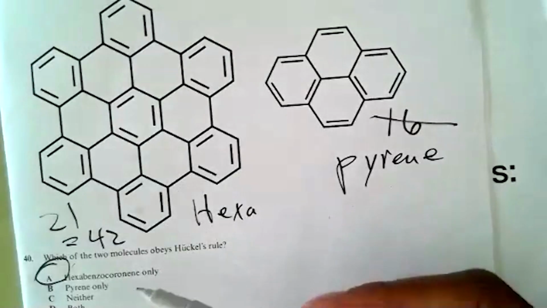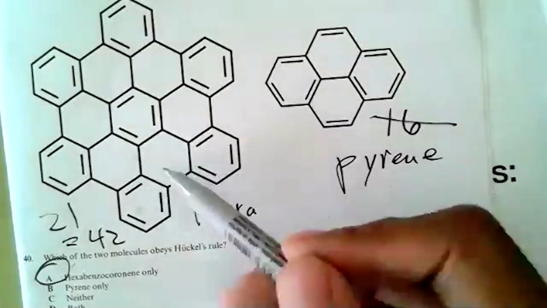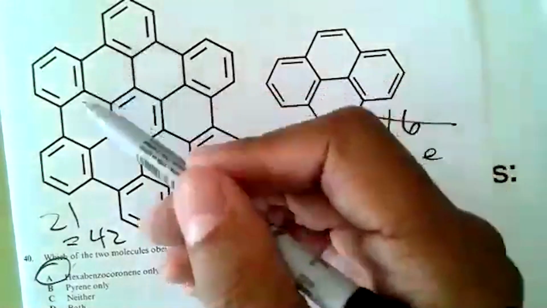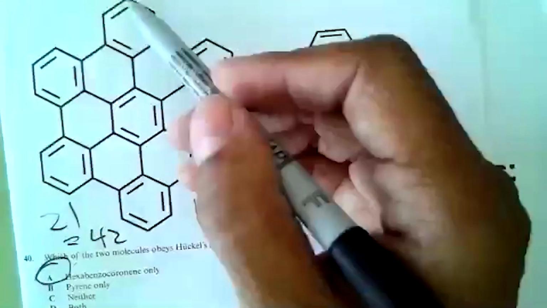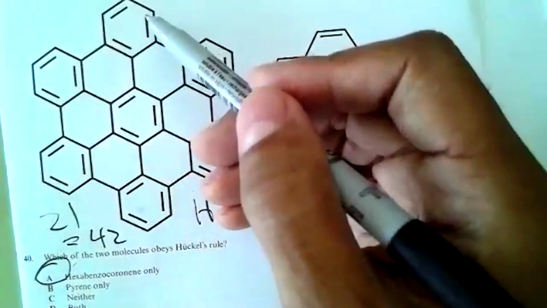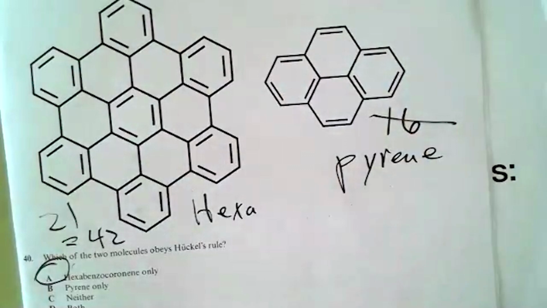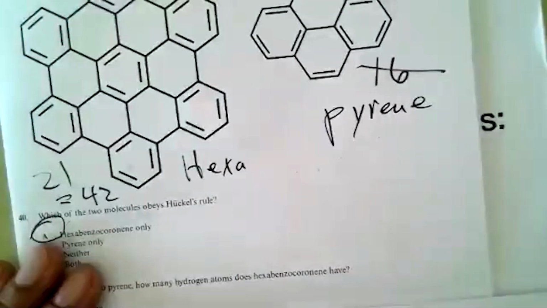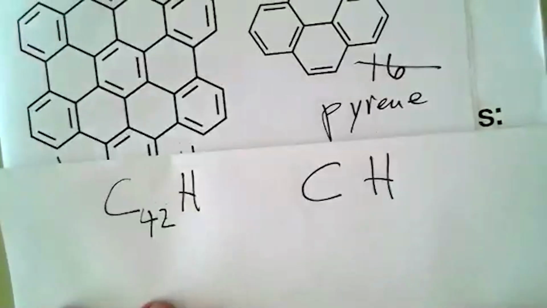But the fastest way is to see that these are shared here. So all you have to do is say one of these has 6 carbons, and there are 7 of them. So it's 7 times 6 is 42. So there's 42 carbons.